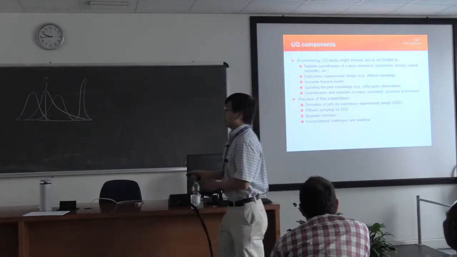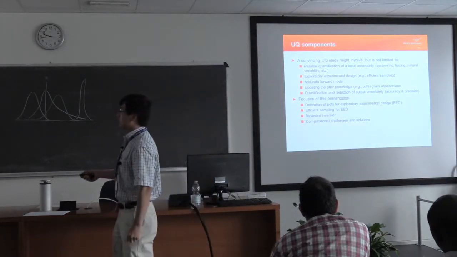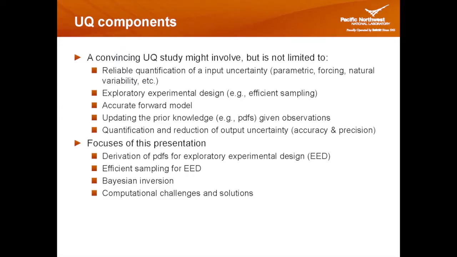Okay. So the UQ components, based on the examples, are not quite representative of practical problems, but they have most of the components. That may include reliable quantification of input uncertainty, including the parametric forcing, natural variability, etc. And you want to play with exploratory experimental design, efficient sampling, efficient ensemble sampling, to really understand what all the possibilities are.